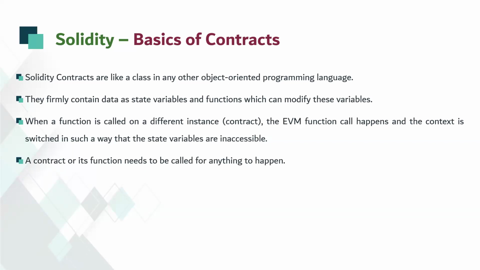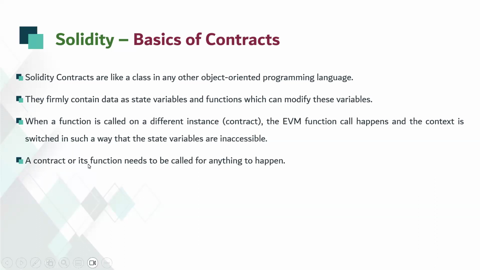During this process, the context switches to the specific contract instance being called, and the state variables associated with that instance become accessible within the function. In other words, the function can access and modify the state variables of the contract it's called on.